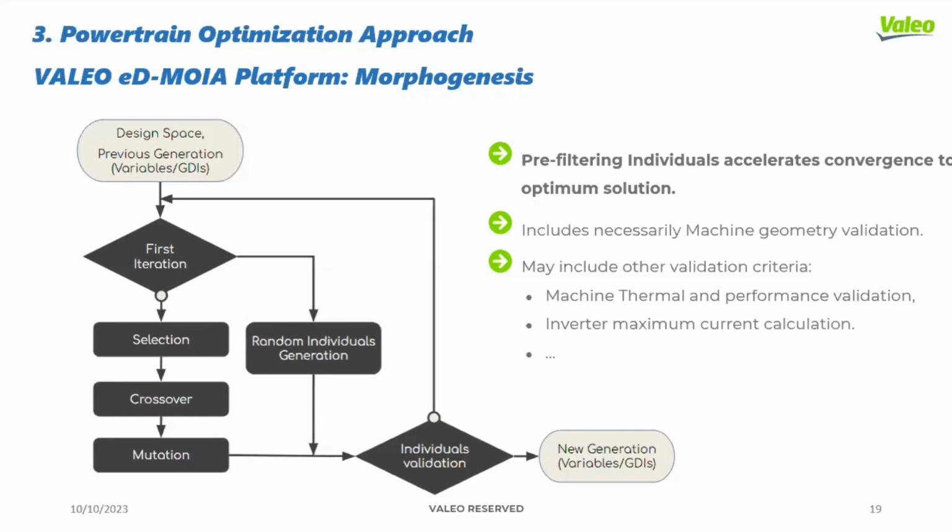And also we can use this step to eliminate some clearly not suitable solutions. For example, we can run some thermal tests, some calculations of the limits, and exclude already some individuals. And this will help converge much faster to the optimal solution.